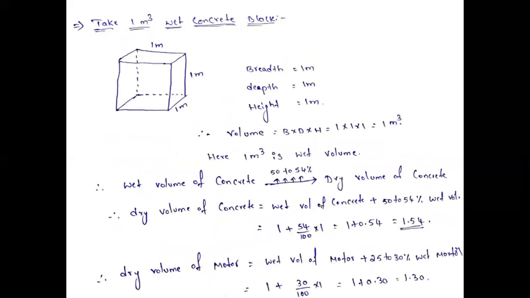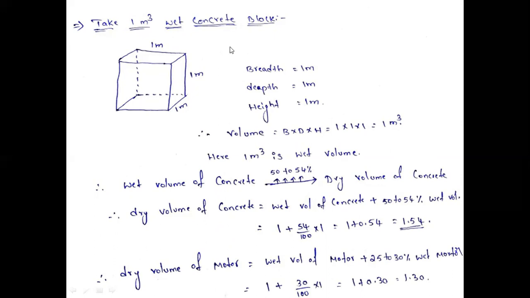Next, we find out the dry volume of concrete and the dry volume of mortar. Take a 1 cubic wet concrete block. Here breadth is 1 meter, depth is 1 meter, and height is 1 meter.